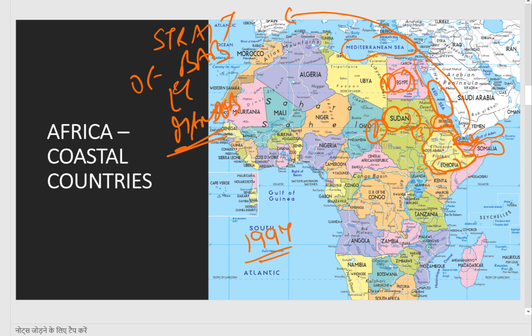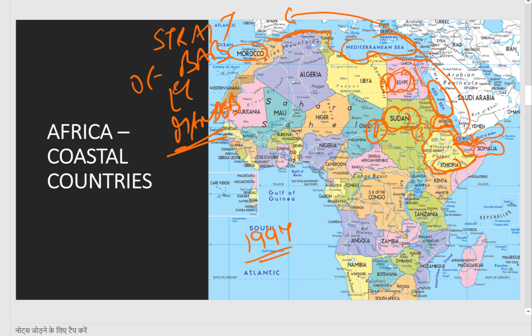Next, moving towards the countries having a coast upon the Mediterranean Sea. So west to east arrangement, one can see the first country having a coastline is Morocco, this belt, followed by Algeria, this belt, followed by Tunisia, this belt, and followed by Libya and Egypt.